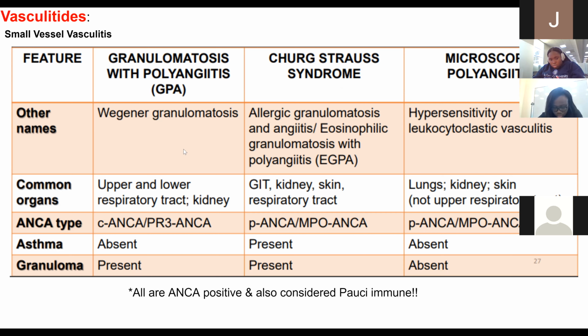I remember how they asked this question: they gave the symptomology to make you think, oh, it's granulomatosis with polyangiitis, right? So you're thinking they're probably going to ask about pathology or the ANCA type and all of that. But what they actually asked was how you would analyze for the ANCA. Something like that.